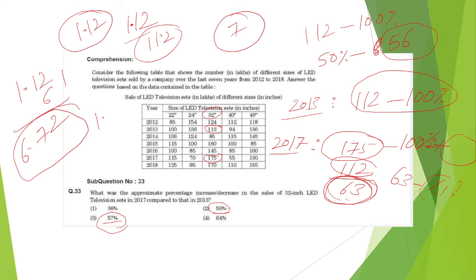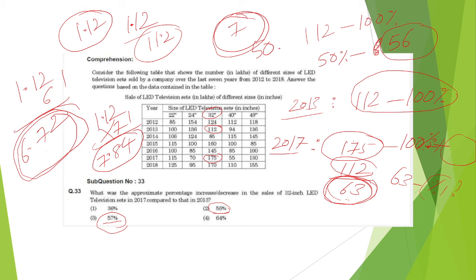If we take 7 percentage, it is 7.84, more than 7. 6 percentage is near to 7. That's why we take 6 percentage, because we should not take more than 7. So 50 percentage plus 6 percentage, that is 56 percentage increased.